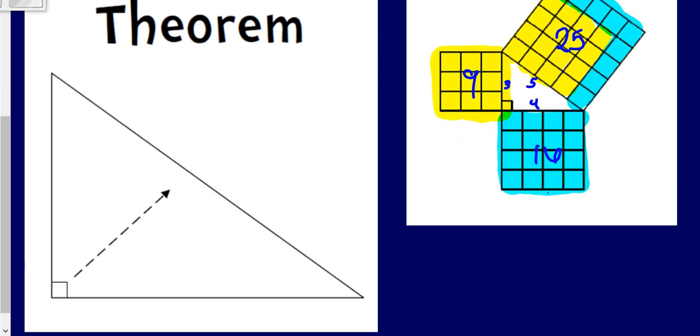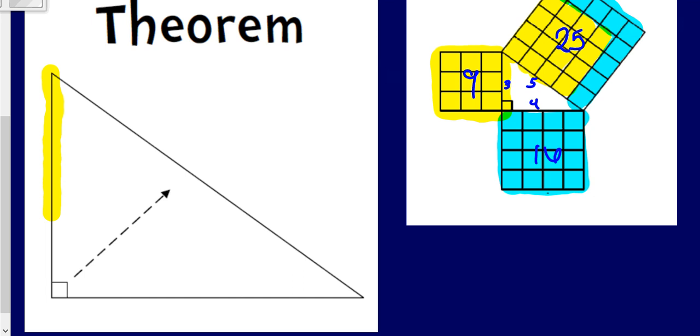From there, we went to the parts of our right triangle. Because in order to solve, we have to always know our parts, and we're not always given 3 squares off of our triangle.